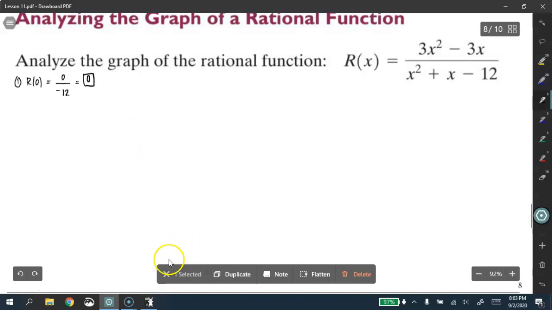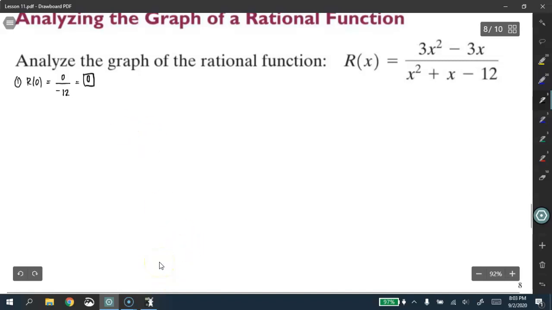So here goes. The domain of this function is going to be the following. First thing that you want to do is you want to factorize it. So the factorization of the numerator is going to be 3x multiplied by x minus 1.